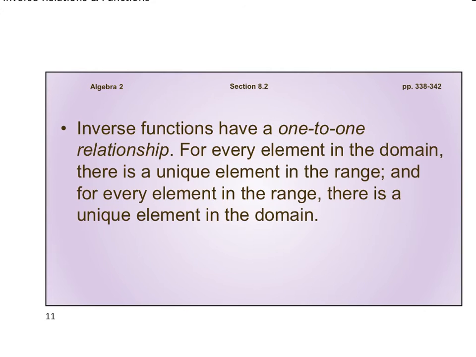Let me see if I can explain this. Remember I was just showing you with the parabola. Its inverse is not a function, so it does not have this one-to-one relationship. Yes, every x has only one y value, but every y has two values, 1, 2.